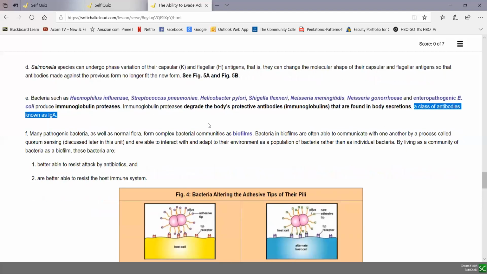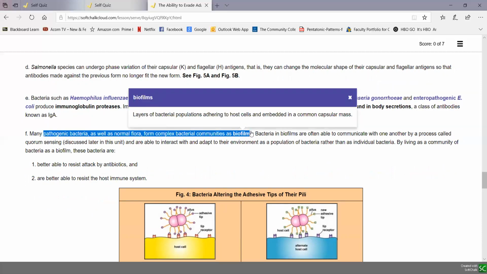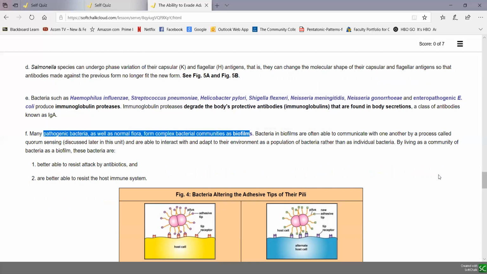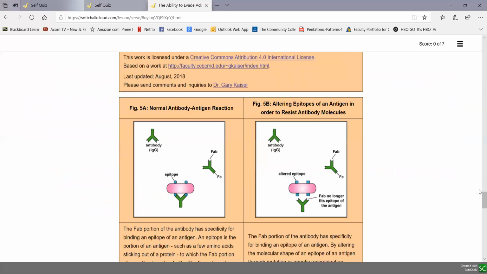And of course, as we mentioned, many pathogenic bacteria as well as microbiota produce communities in biofilms in the body. And again, that helps them to better resist host immune systems as well as attack by antibiotics.